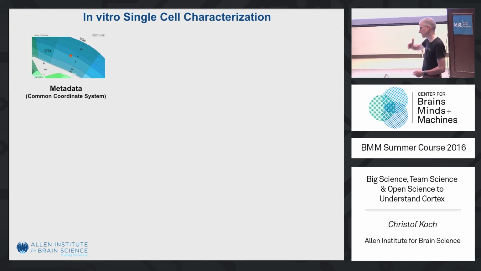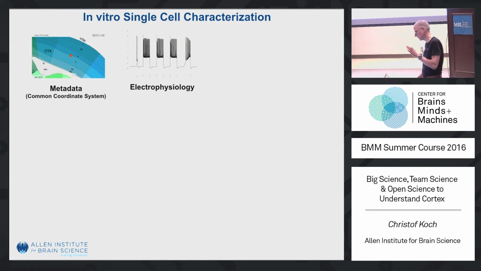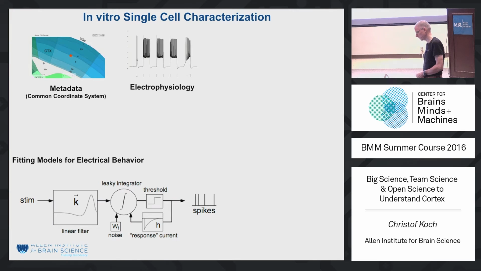So we take slices in a highly reproducible condition of a mouse visual cortex or the human tissue when it comes in, and we put it into our coordinate system, and then we have a standard electrophysiological protocol that's ramps, steps, noise, pink noise, etc. It's a standard paradigm that the modelers devised to probe the electrophysiology.